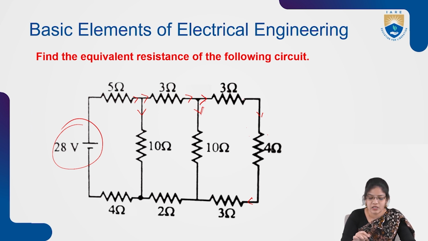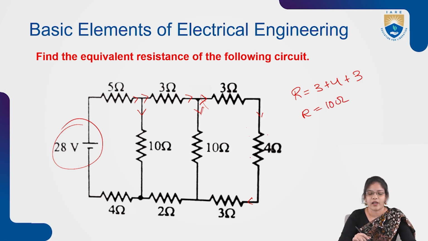If the current is the same, then these three resistors are said to be in series. If the resistors are connected in series, we need to add all these three resistors. So R is equal to 3 plus 4 plus 3. So the R value is taken as 10 ohms.